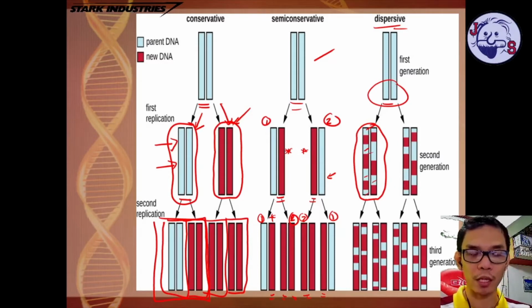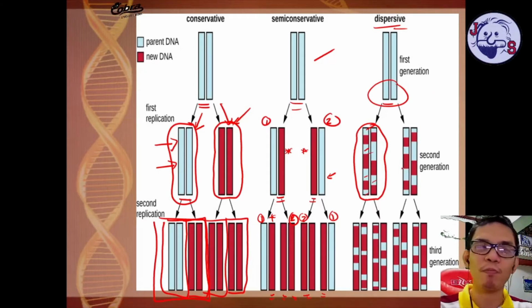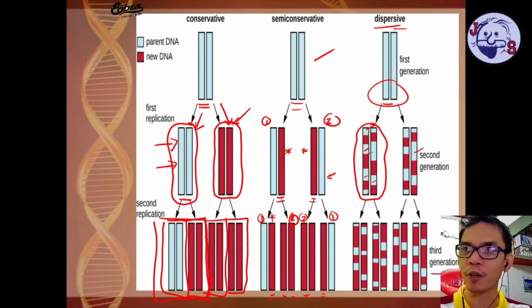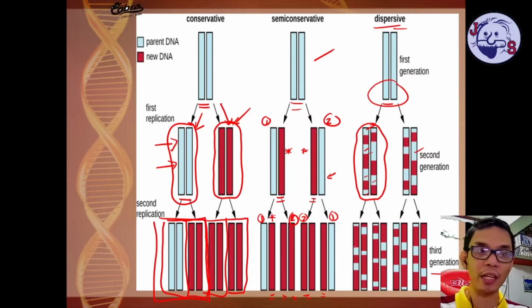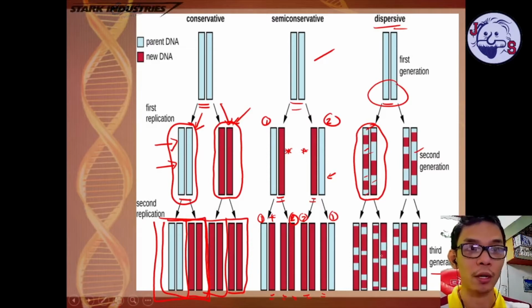So assume that this undergoes mitosis. Probably the parent molecule will be distributed randomly. Now, as the generation continues, what happens to the parent molecule is it begins to shrink in size as the newly synthesized segments of the DNA are continually synthesized.